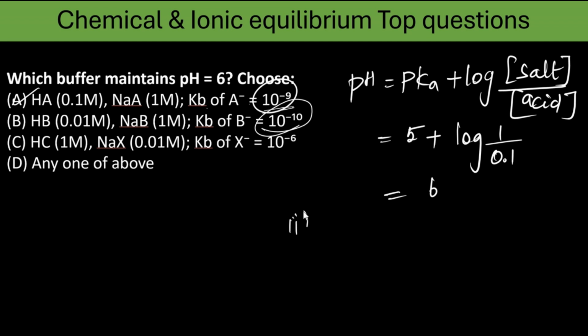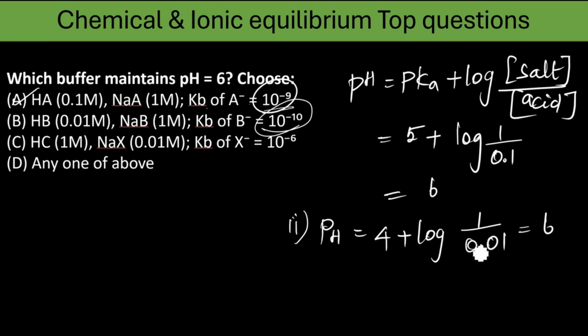So for the second one, pH will be 4 plus log of salt, 1 by 0.01, that is equal to 6 again. What about C? Again, pH is equal to 14 minus 6, 14 minus 6 is 8.